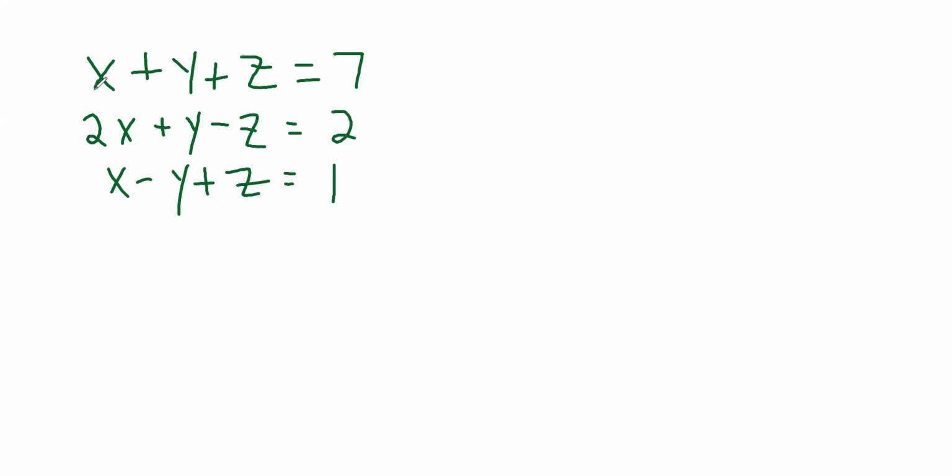So you look at that. This is a system of three equations with three variables. And you look at it and you say, oh joy, I'm just beaming with happiness here.